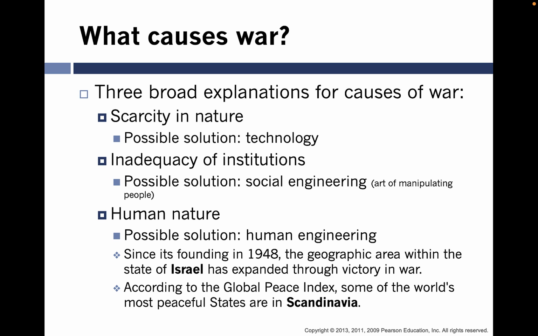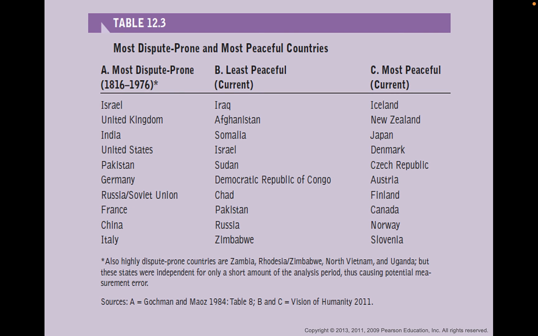Again, I'm not a brain psychologist by any means. So are we naturally prone to violence as humans? I don't know. That's a really good question, and I'm not really qualified to answer that. Here is the list of the most dispute-prone countries versus the least peaceful countries versus the most peaceful countries.